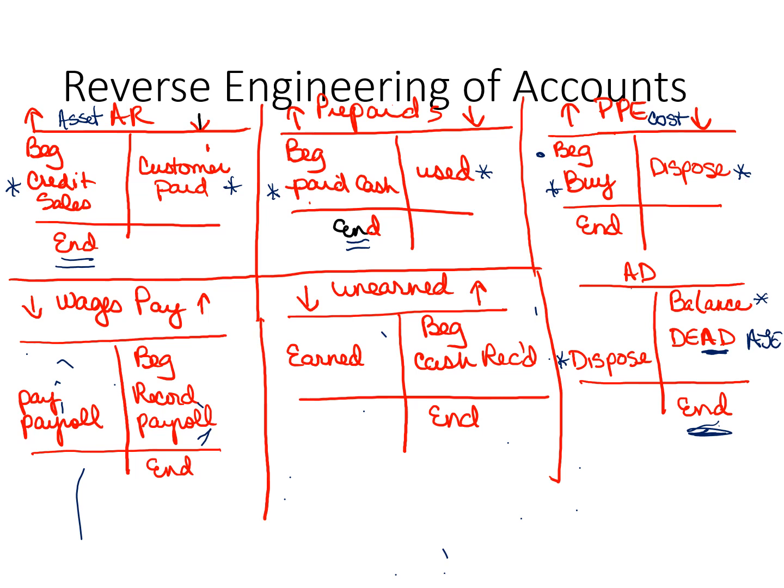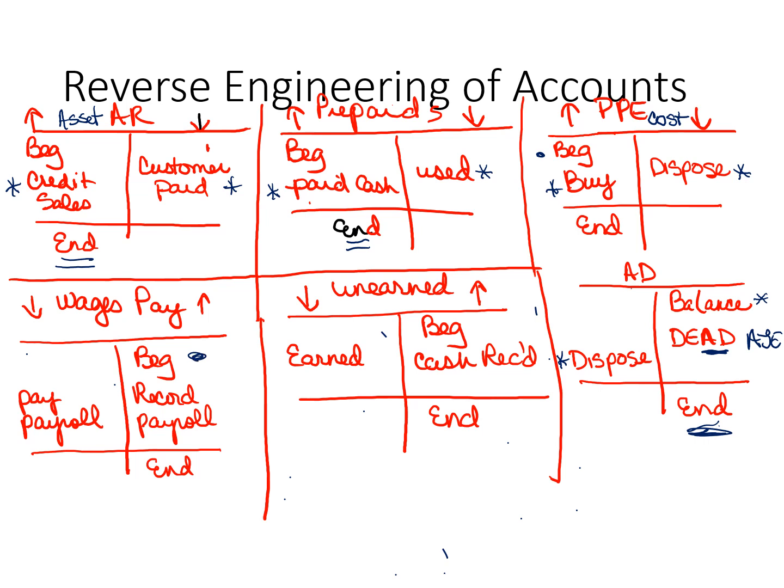Turning our sights on liabilities, I see that wages payable is a good one to look at. Wages payable is a liability, increased by credits, decreased by debits. So its beginning balance will be a credit.